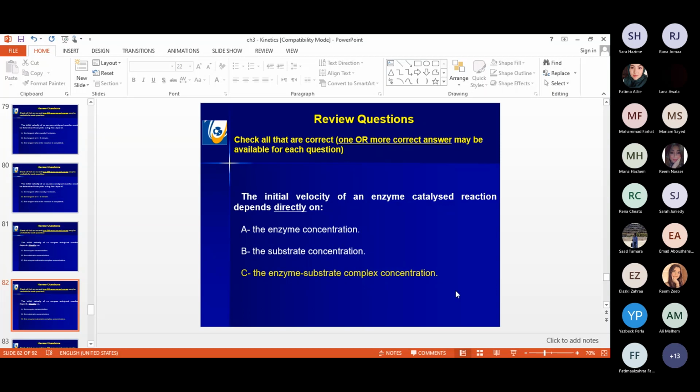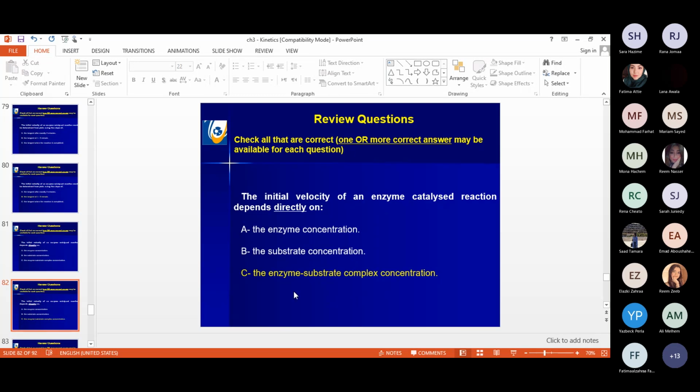Because V0 equals k catalytic times the concentration of the ES complex. Bravo.